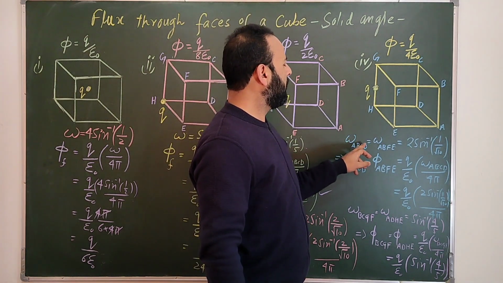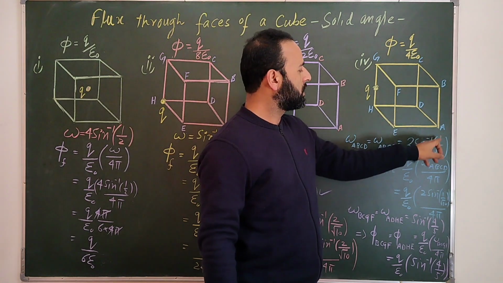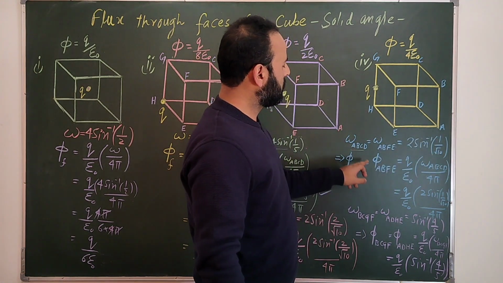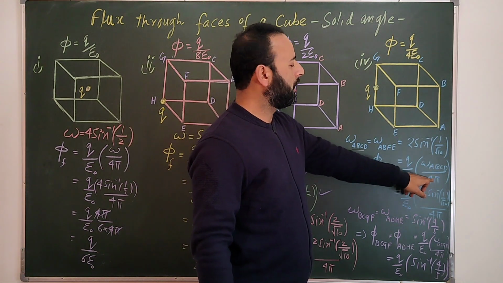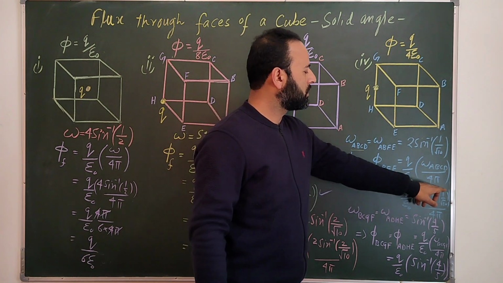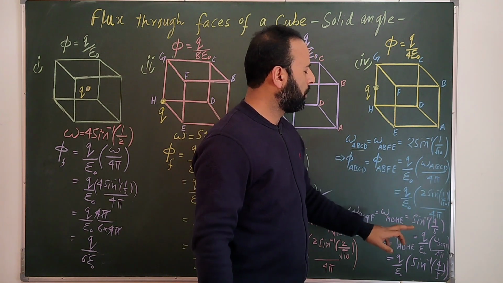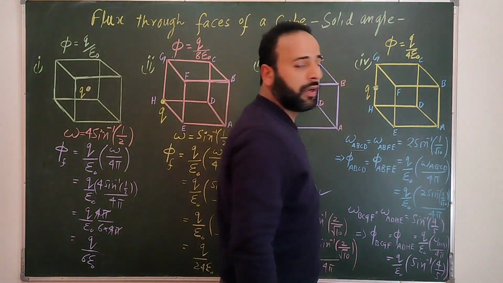So omega ABCD is equal to omega ABFE is equal to sine inverse 1 by root 10. So flux through these faces Q by epsilon naught omega ABCD divided by 4 pi. So that is equal to Q by epsilon naught 2 sine inverse 1 by root 10 divided by 4 pi. So the flux through this face and this front face will be same.